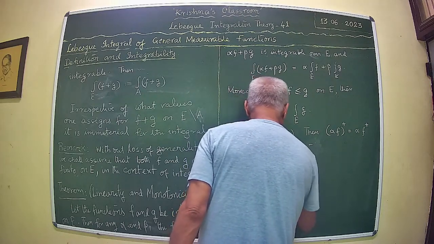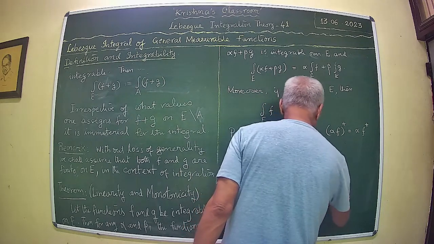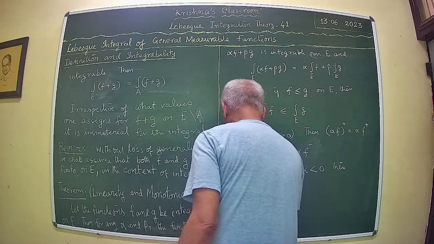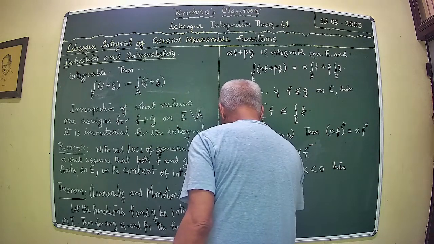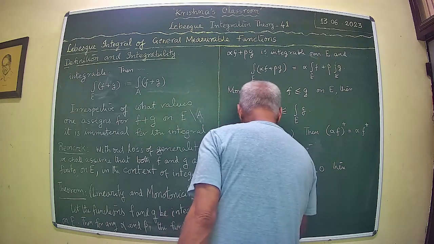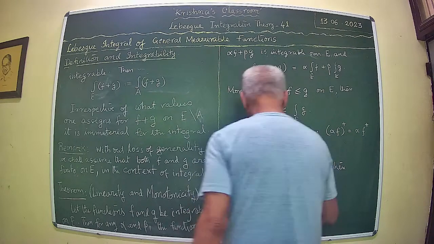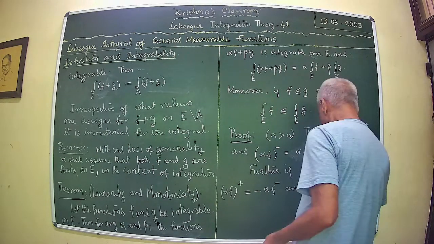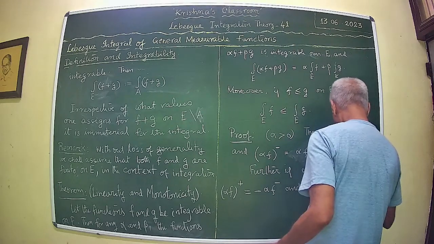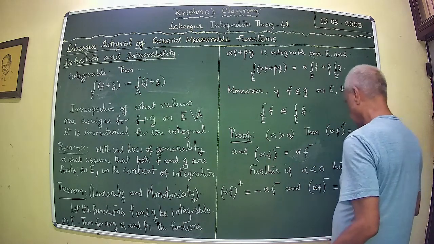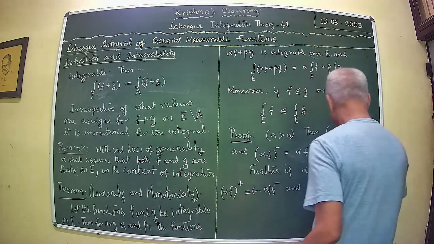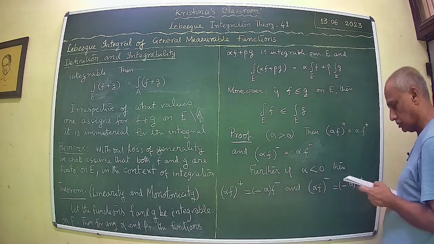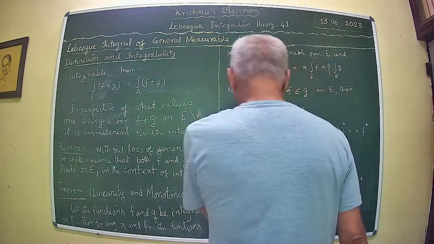Further, if alpha is negative, then alpha f is equal to minus alpha into f minus, and this. Therefore, we shall do this.